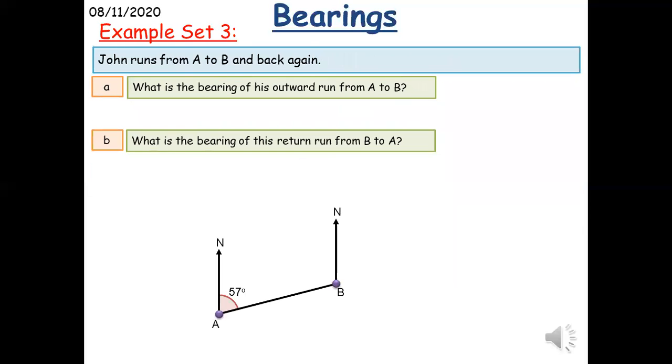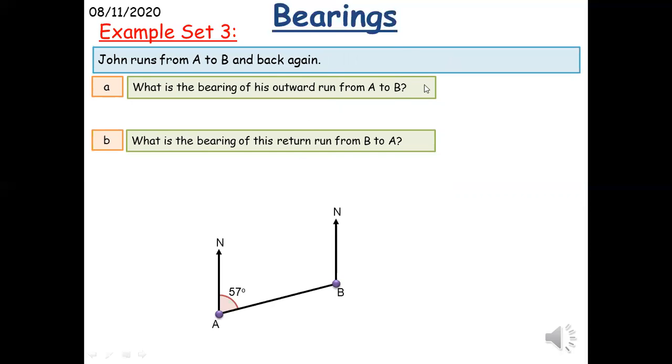I hope you understood these examples. Let's see this example. John runs from A to B and back again. What's the bearing of his outward run from A to B? Okay, what's the bearing of his outward run from A?